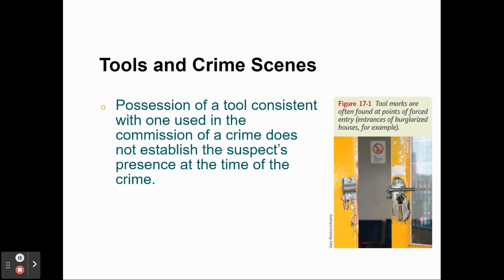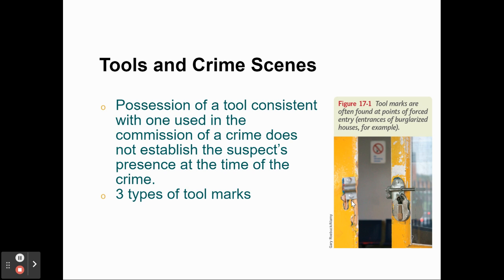No, it just simply means that you have a pry bar; a pry bar was used to open this lock. Doesn't mean that you did that. You probably are not the only one with a pry bar. And so for investigators, they would have to set about trying to show that your particular pry bar matches these marks perfectly, or you had motive, or whatever the case might be. Right? So that ends up being very, very important.